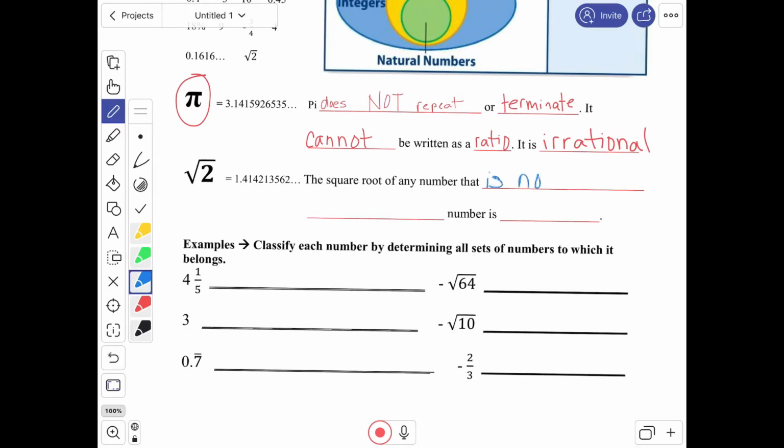The square root of any number that is not perfect, so if it doesn't come out to be a perfect square root, like 36 is a perfect square with a root of 6, then the number is irrational.